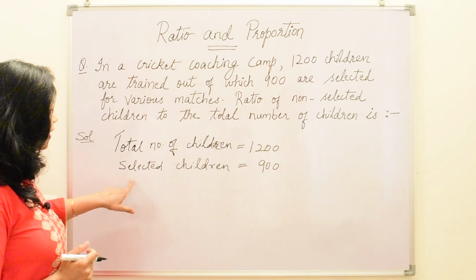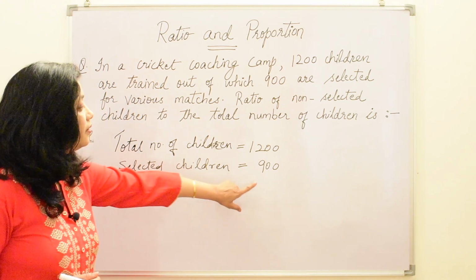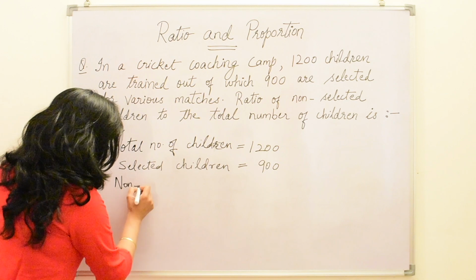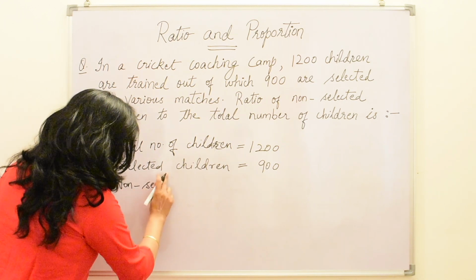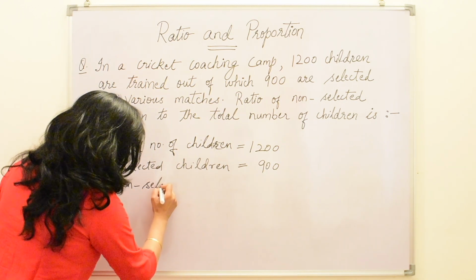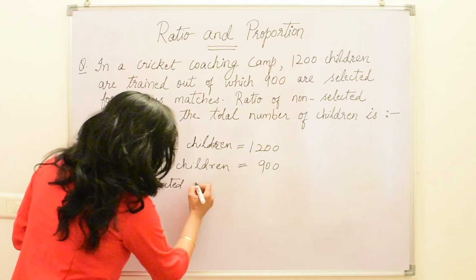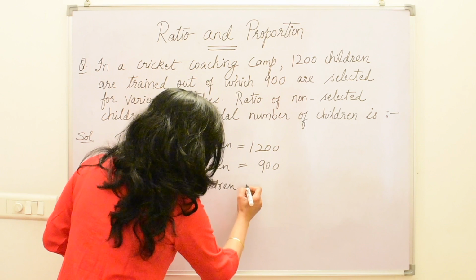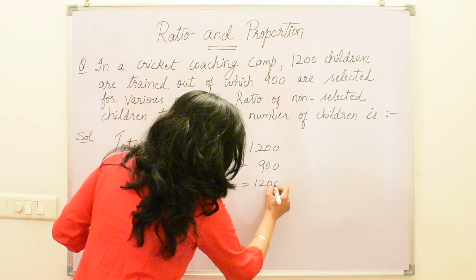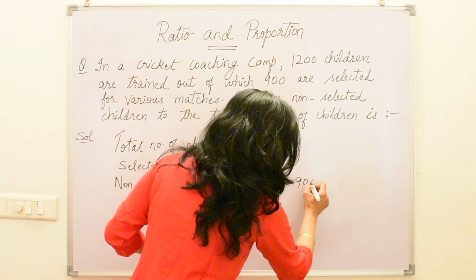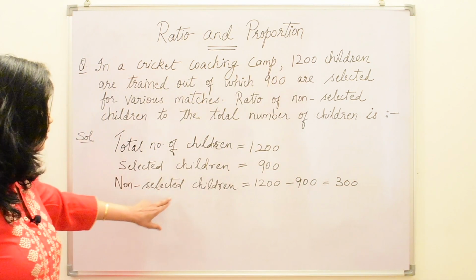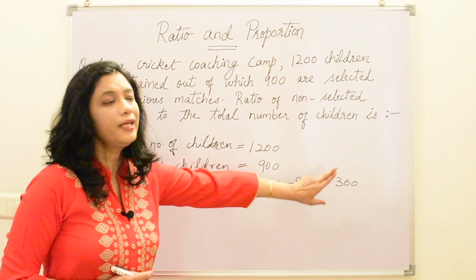Now when there are selected children 900, then the non-selected children will be 1200 minus 900, which is equal to 300. So we get the non-selected children equals 300.